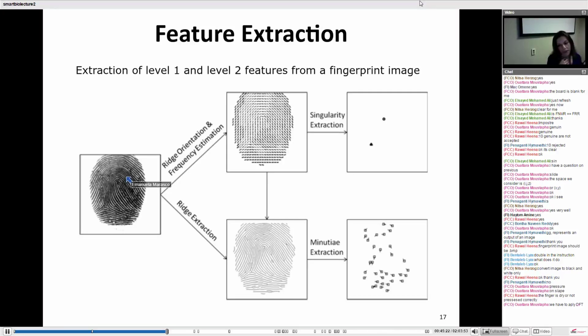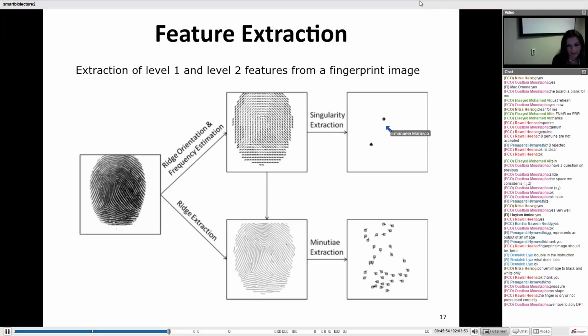Someone is writing. No, we don't have to apply DFT at this point. So we start from the orientation map already, right? So we already have the orientation, a matrix with all the angles. We are at this step here. So based on the orientation, point by point, we want to extract singularity points.